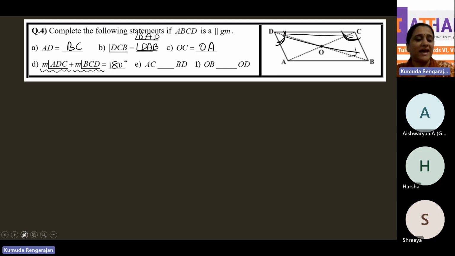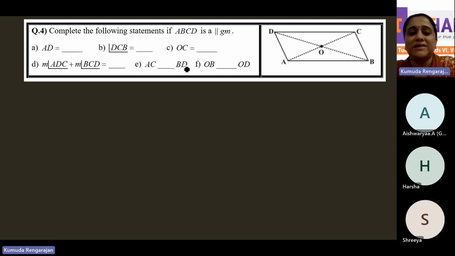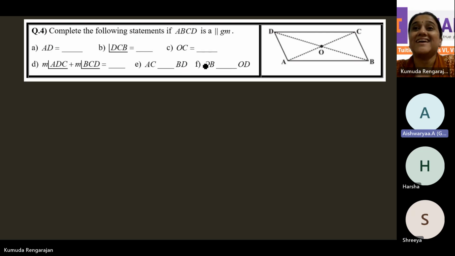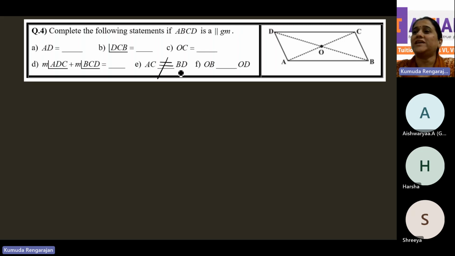Then AC dash BD. How do you complete that? AC is not equal to BD because it's a parallelogram. Diagonals are not equal.